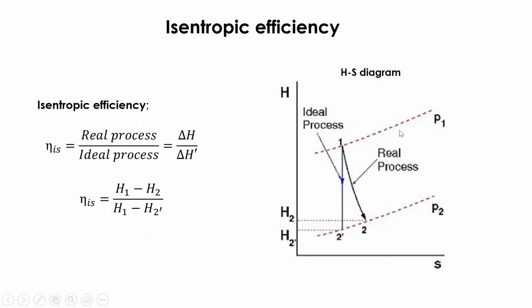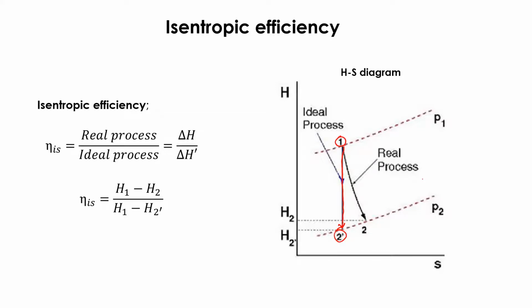If we have an enthalpy-entropy diagram like shown in this graph, the ideal process of isentropic change from pressure 1 to pressure 2 is illustrated using this graph. So this is the ideal isentropic process from point 1 to point 2. This is the ideal case.